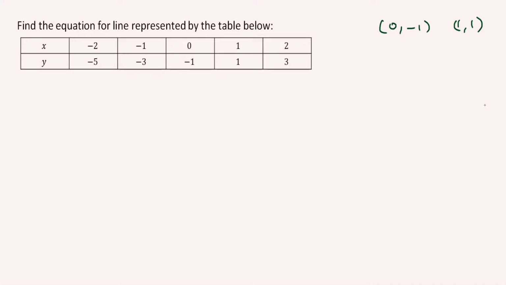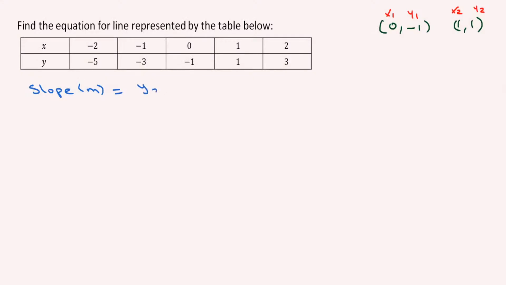So here's how we're going to go about it. We got x1, y1, x2, y2. So now let's go ahead and get our slope. Slope m is going to be y2 minus y1 over x2 minus x1. y2 is 1 minus y1, minus negative 1. x2 is 1, x1 is 0.